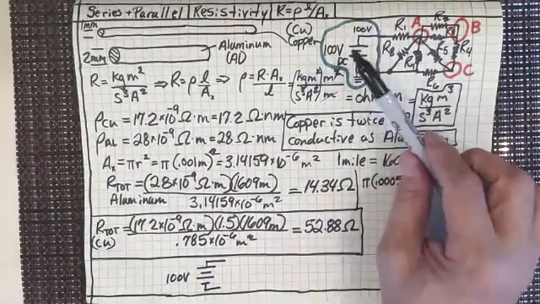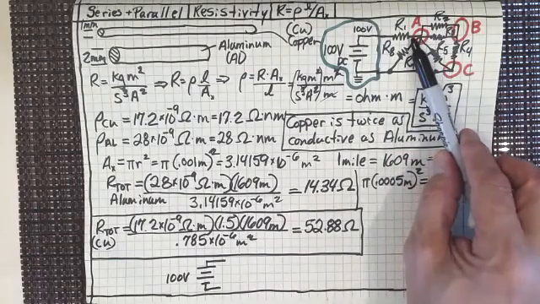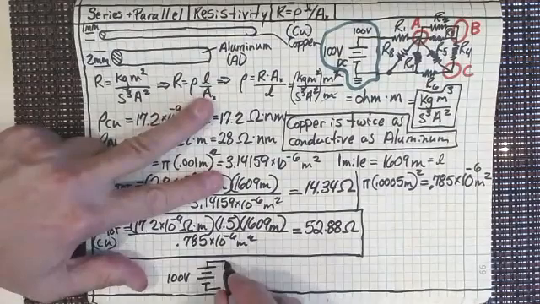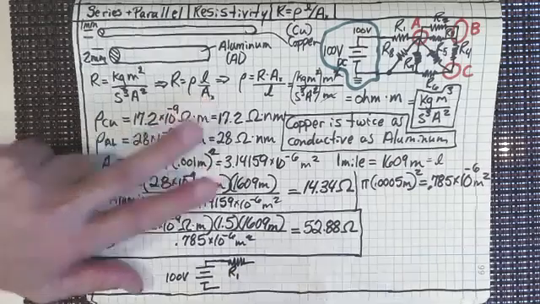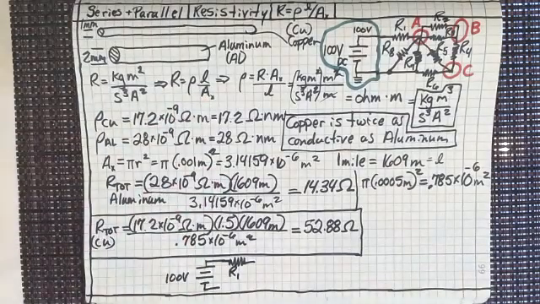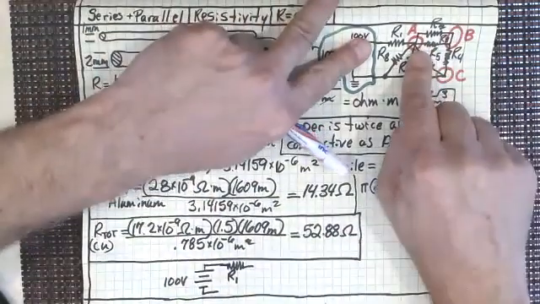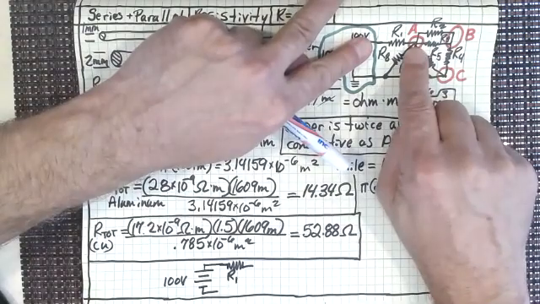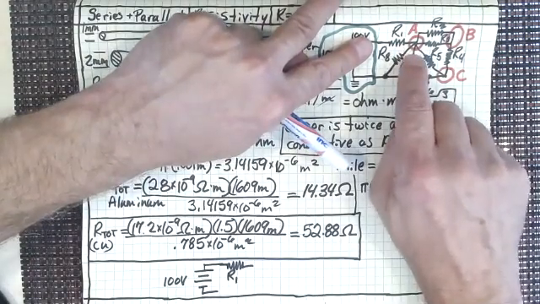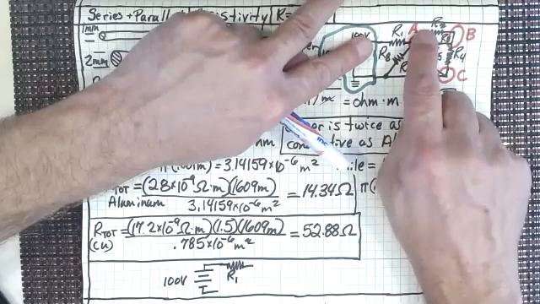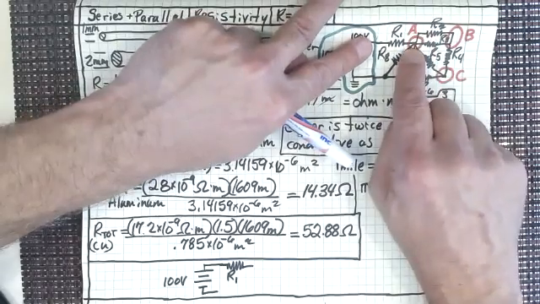Now, I come out of it and I go in series to R1. Now, I think that everybody can see that I've got a node here, node A. And node A has 1, 2, 3, 4, 5, 6 things that are attached to it.